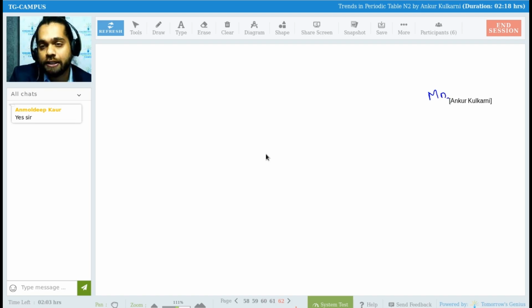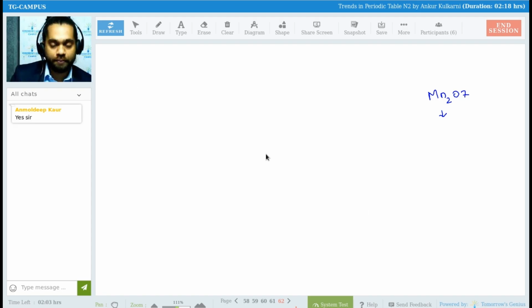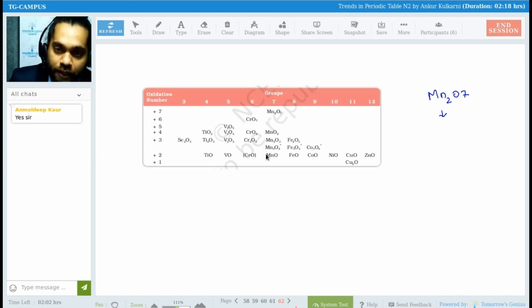Can anyone tell me what is the oxidation state of Mn over here in Mn2O7? Quickly. Yes, correct, everyone.